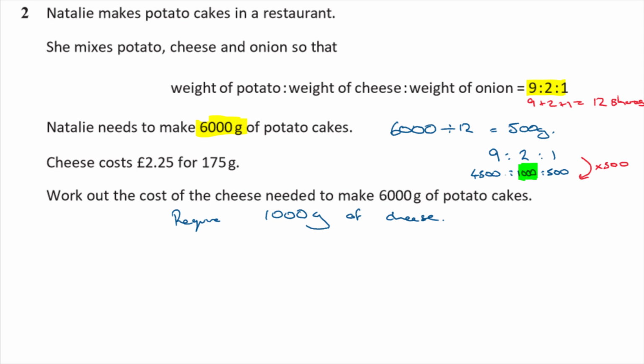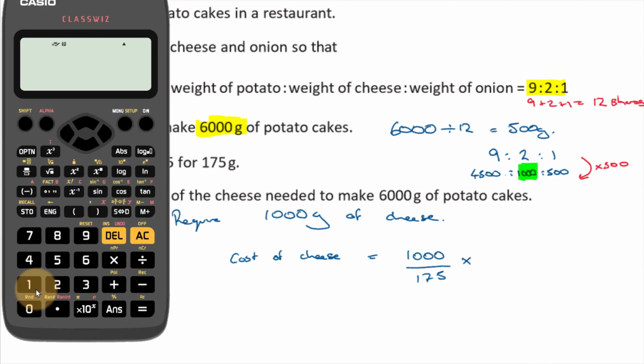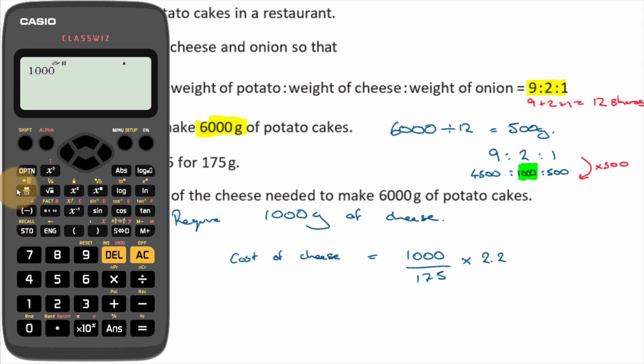So for 1,000 grams of cheese, the cost of cheese. So if I take 1,000, which is the amount of cheese I need, and divide it by 175, that should tell me how many packs of 175 gram cheese I need, and then I can multiply that by the cost of cheese, which is £2.25 then, isn't it?